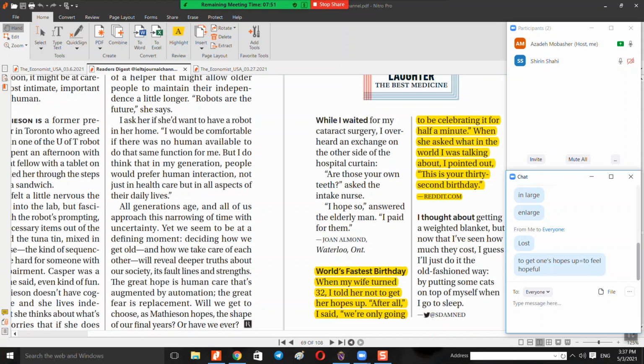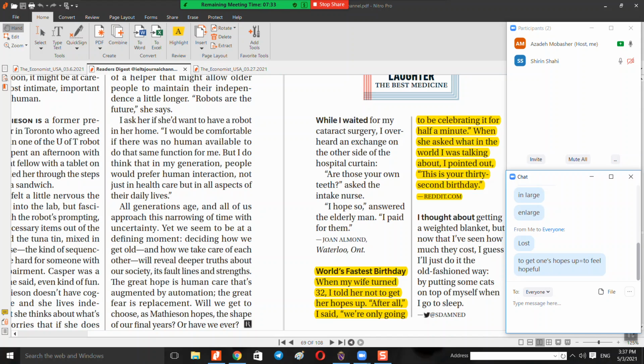Yes, or don't be very hopeful. Don't be very happy or hopeful. Okay, go on. After all, I said, we are only going to be celebrating it for half a minute.